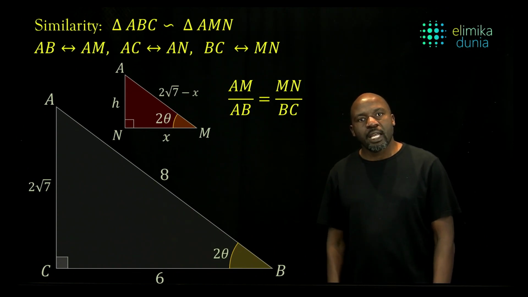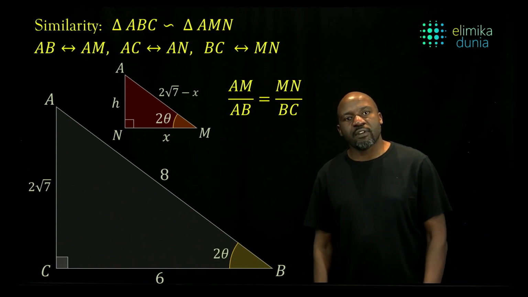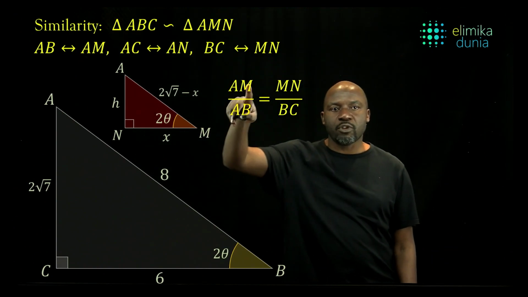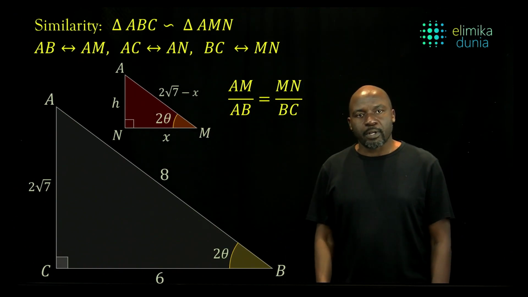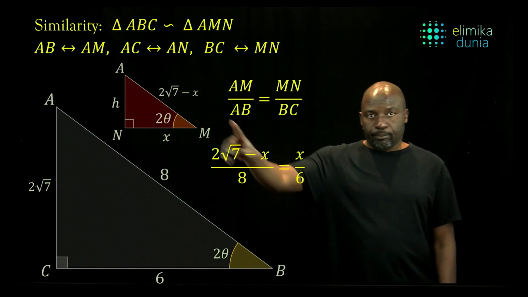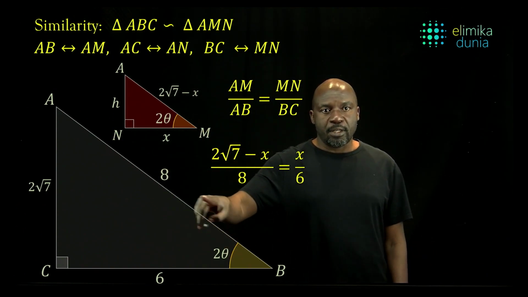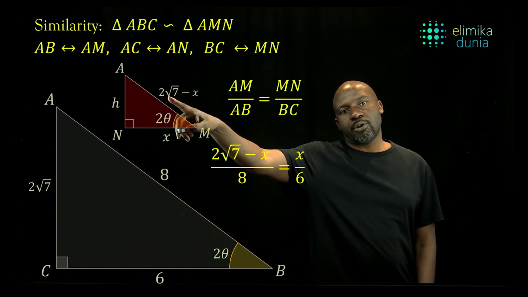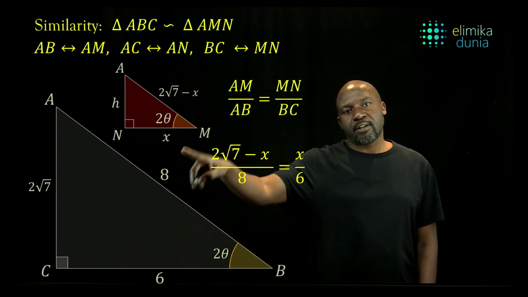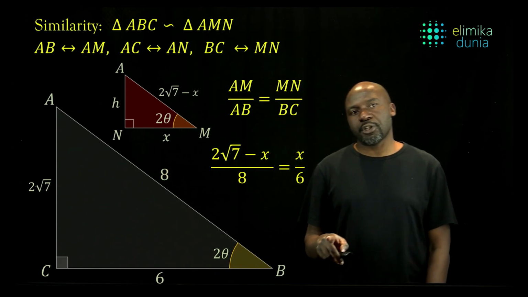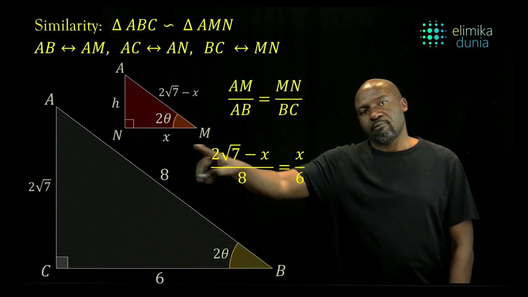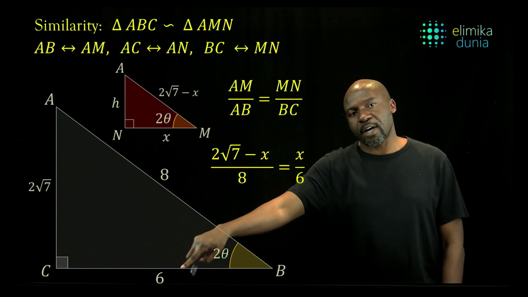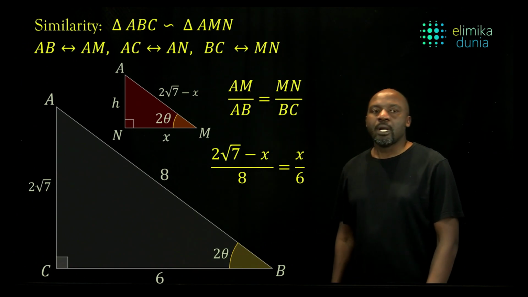Substituting for these values, AM is 2 root 7 minus x, and AB is 8, so (2 root 7 minus x) over 8 must be equal to MN, which is the base there, x divided by 6. I hope that is clear.